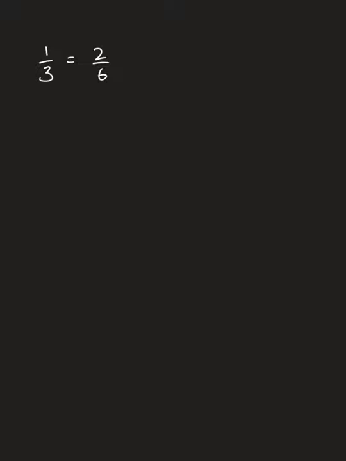Now the first way they get you to test this out is by solving 4 times 1/3 and 4 times 2/6. So let's see. 4 times 1/3 gives us 4/3, which we can then simplify to be one group of 3 and then 1/3 left over.